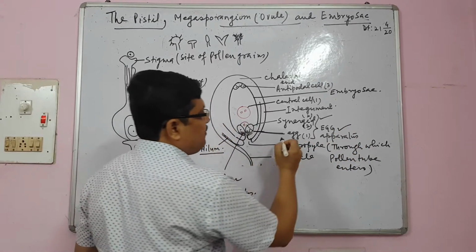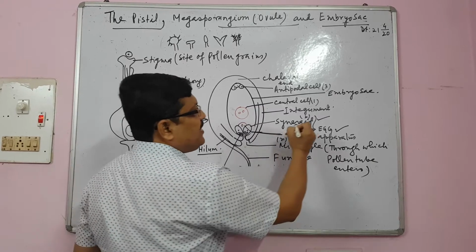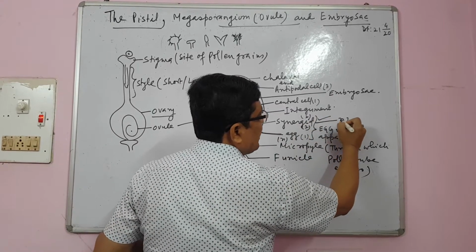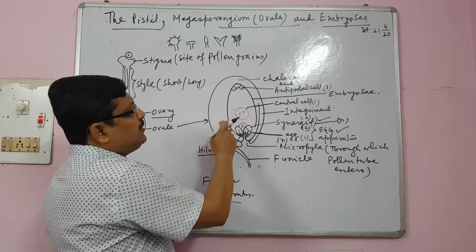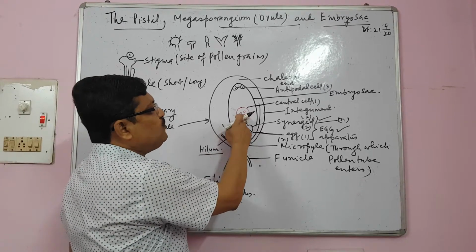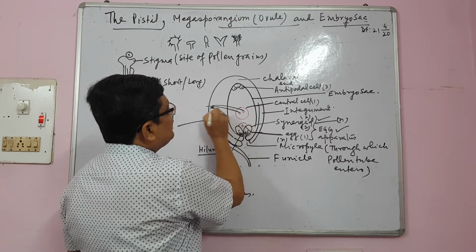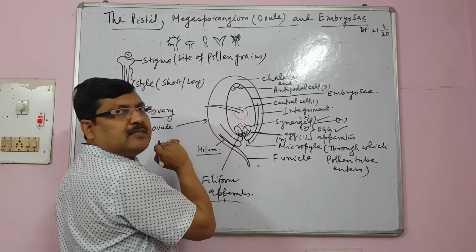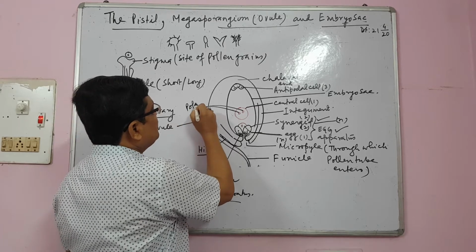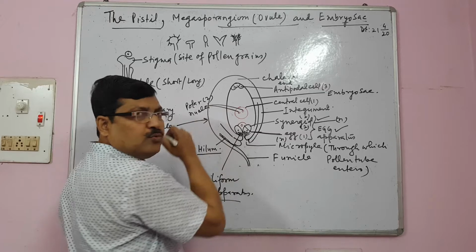Egg is haploid, as well as the synergid is also haploid. This one is the central cell, that is the big cell, which is binucleate, and these 2 nuclei are called polar nuclei. So its number is 2.